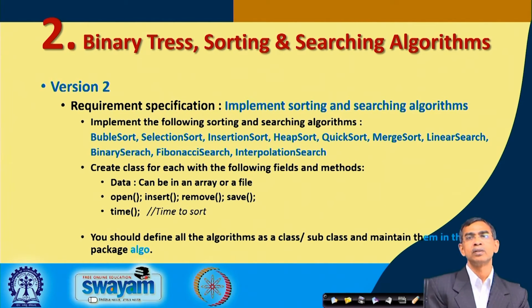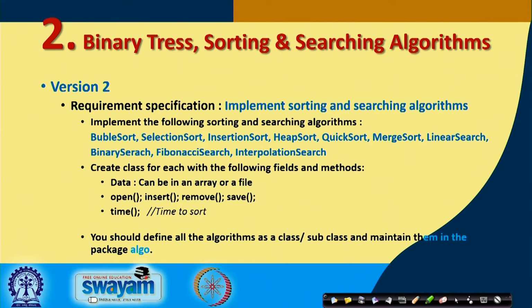All those methods you can implement for each sort technique. Another method is time, which is how much time a sorting algorithm requires to complete the sorting task or a searching task. So, you can use time as a method for a particular class, and all the implementation under this category can be put into the package algo.